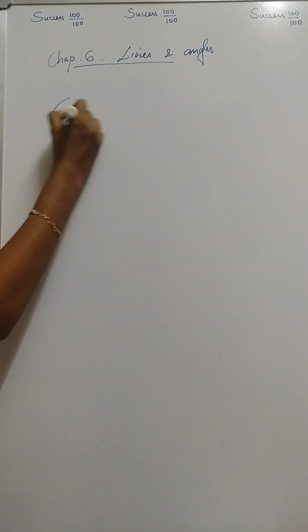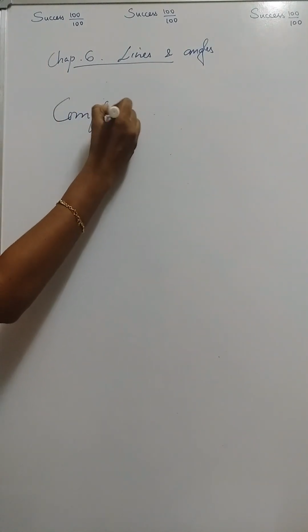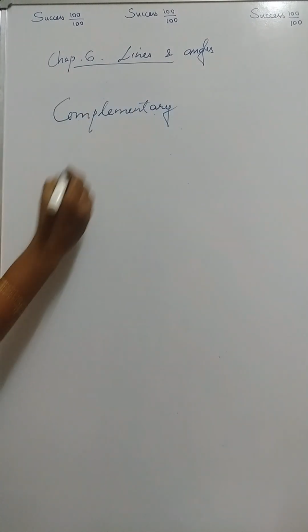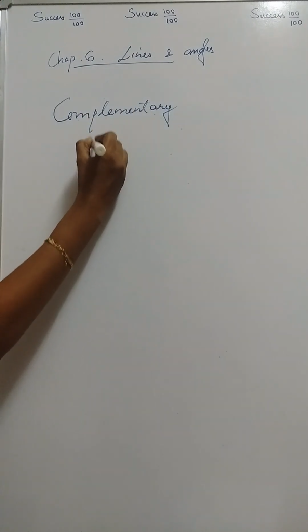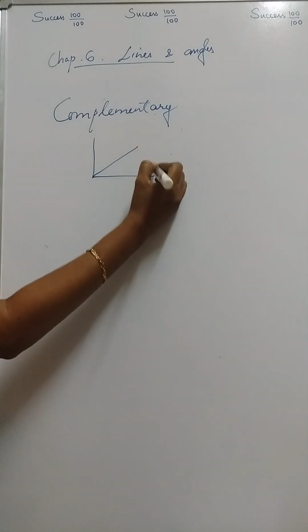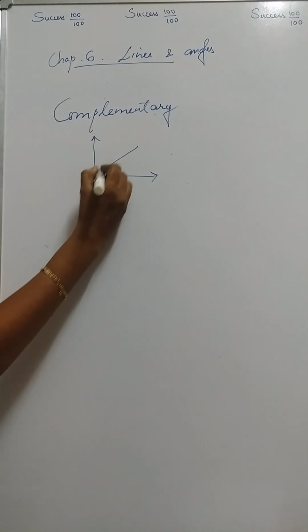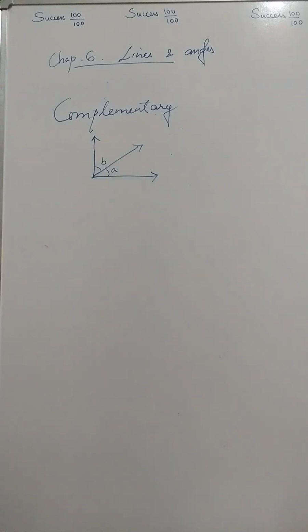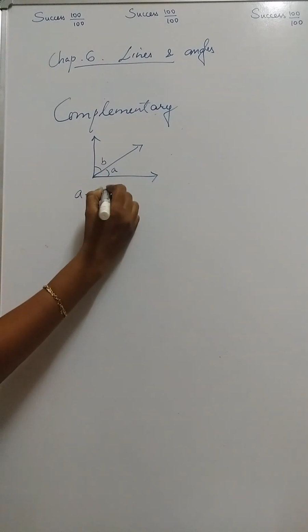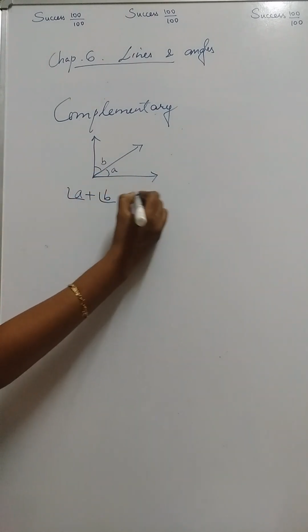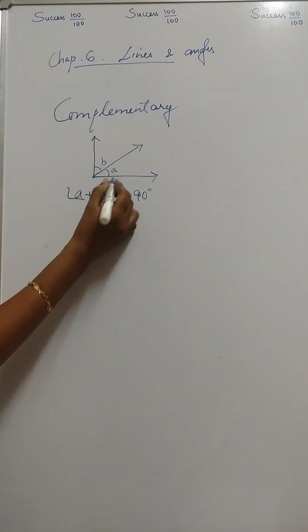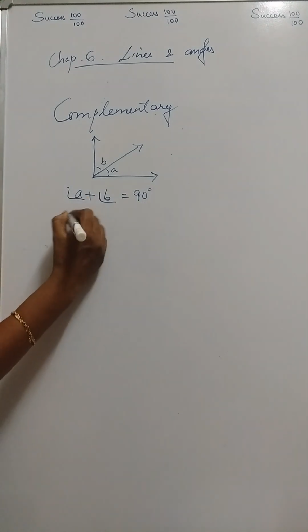Next topic is complementary angles. When two angles are added, say I have angle A and angle B, the sum should be equal to 90 degrees for complementary angles. These two angles are called complementary angles.